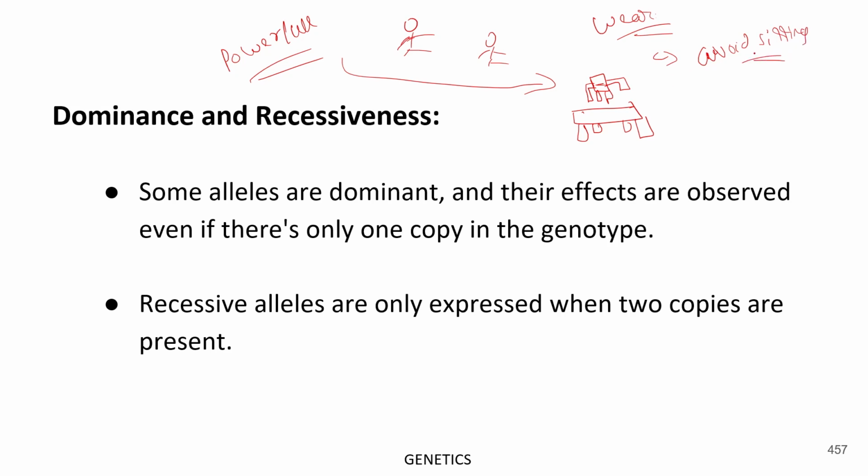So you can say whomsoever is powerful will have dominance on that chair, and whomsoever is weak will have recessiveness on this chair. Just suppose that fellow is powerful, so he will come and sit on the chair. That fellow is a weak person, so he will avoid sitting on the chair.